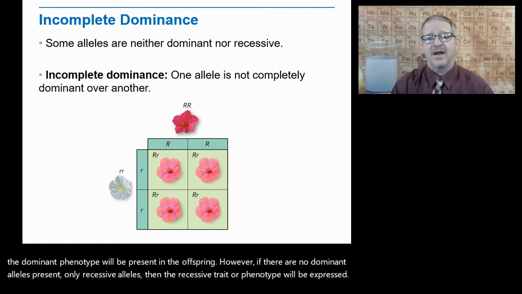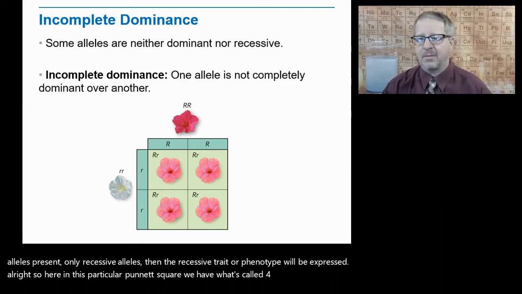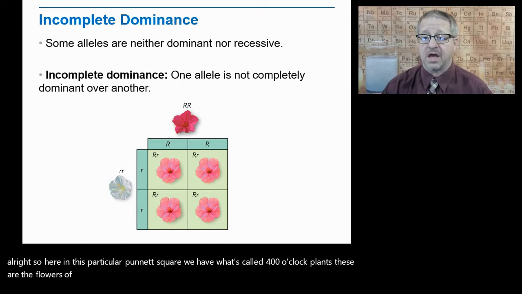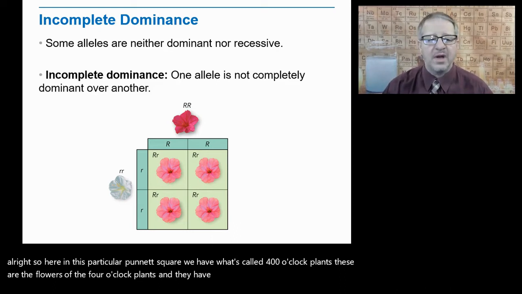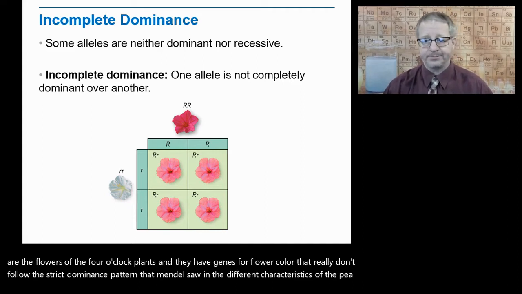All right, so here in this particular Punnett square, we have what's called four o'clock plants. These are the flowers of the four o'clock plants, and they have genes for flower color that really don't follow the strict dominance pattern that Mendel saw in the different characteristics of the pea plants that he was looking at.